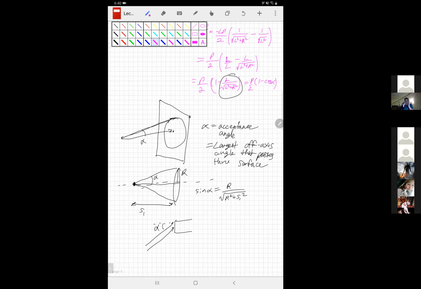So whatever that limiting thing is, you just have to ask, what's the maximum angle at which something can come in and still get through all of the subsequent elements of the system? Let's see, 1 minus cosine of an angle over 2. What does that look like from trig?